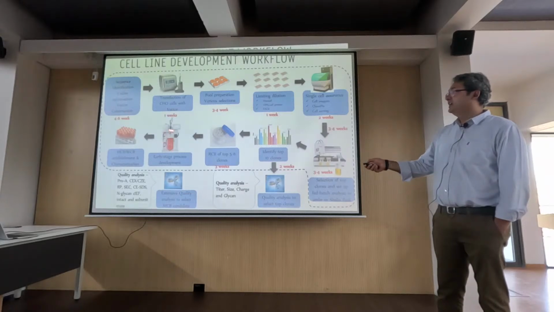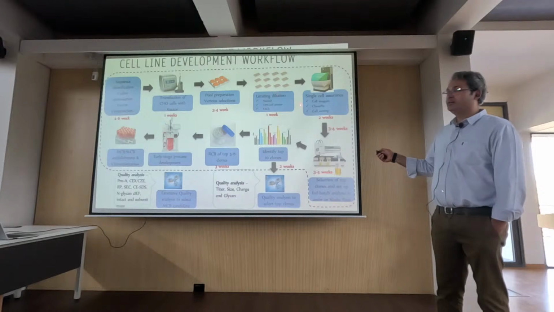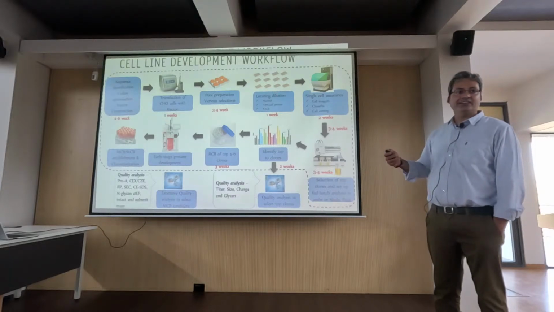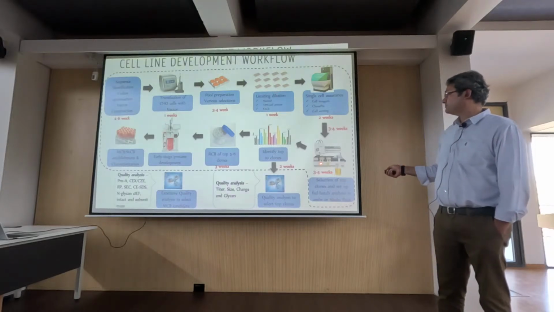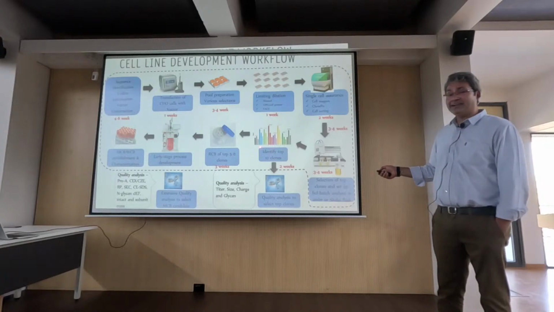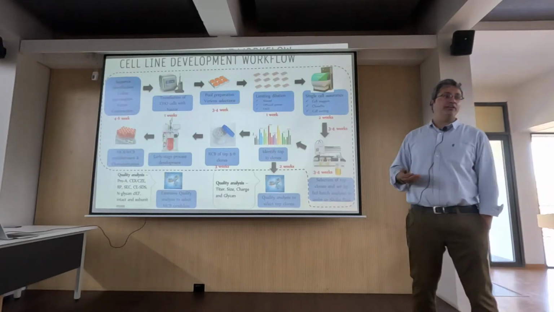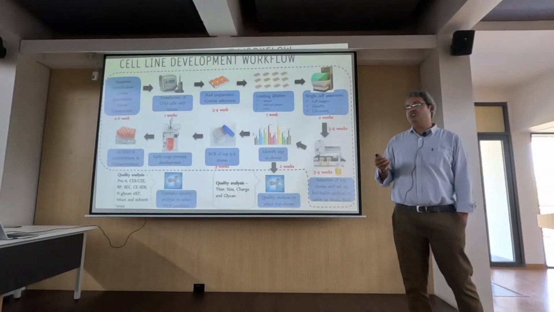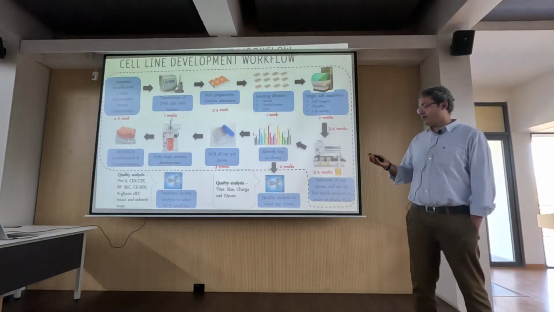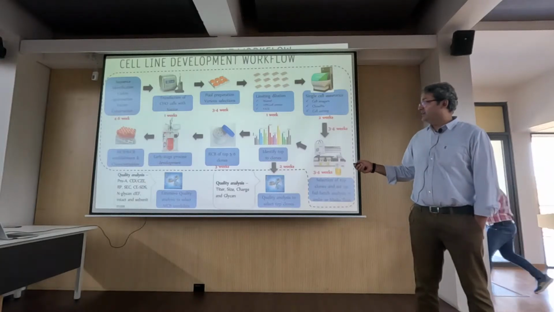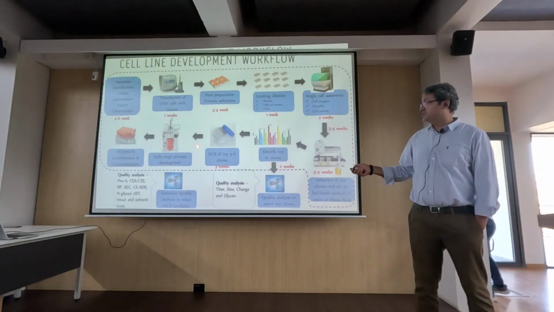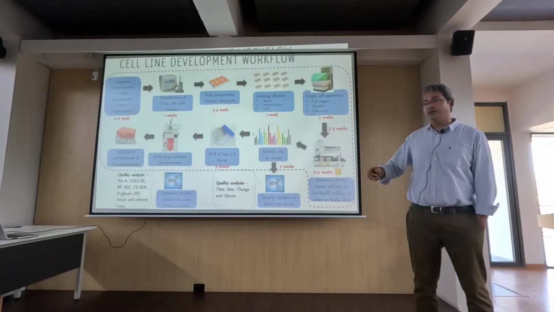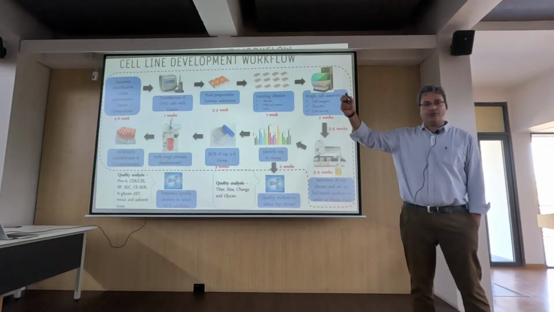Once that is done, you introduce that into a CHO cell, and screen at different stages to make sure it is a clonal population. You screen for quality and titer. Once you are sure that you have found a proper clone which is producing your desired product with the desired quality, you bank them, because this banking is extremely important; it will remain for the product life cycle of your drug.